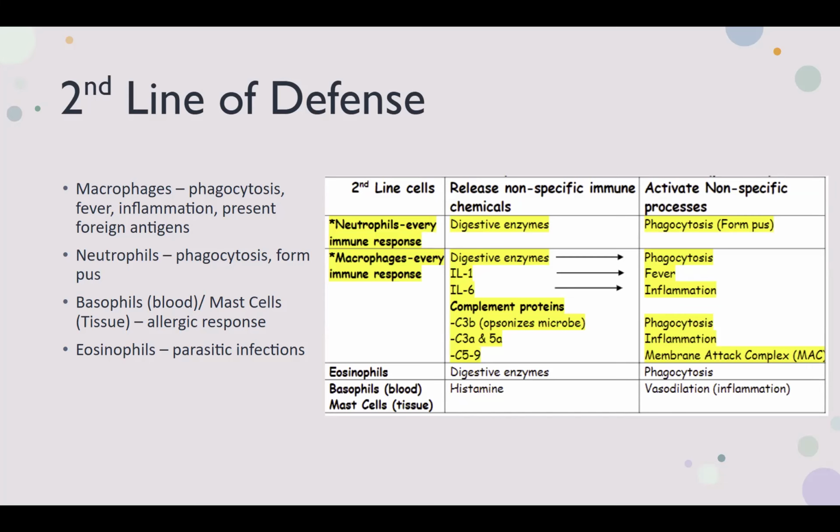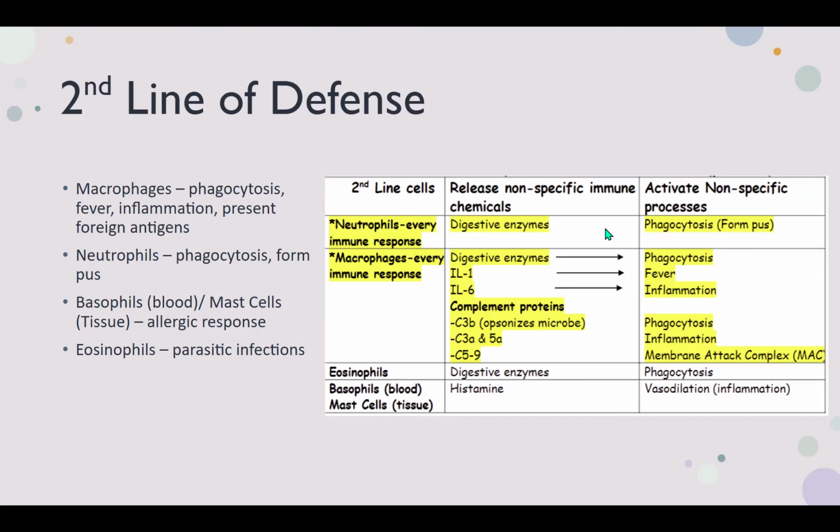And then you have to select everything that, for example, macrophage is involved in. So in that instance, you would select digestive enzymes, interleukin 1, interleukin 6, and either she'll have just a statement that says complement proteins, or she might have a few of the complement proteins written out. But if the question's asking you a select all that apply and you see the complement proteins for macrophage, I would select all the complement proteins you see on this list. Okay, thank you very much. Yep, of course, good question.